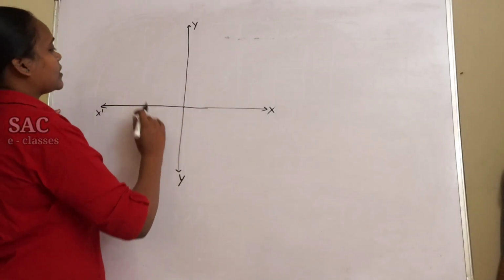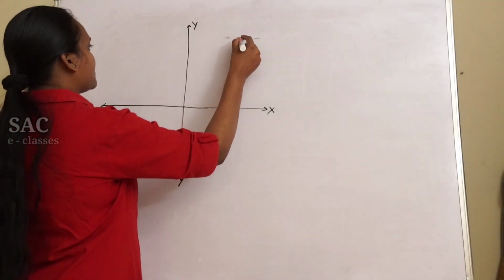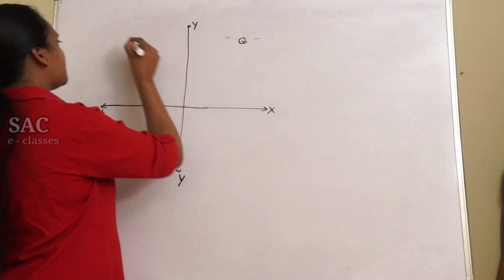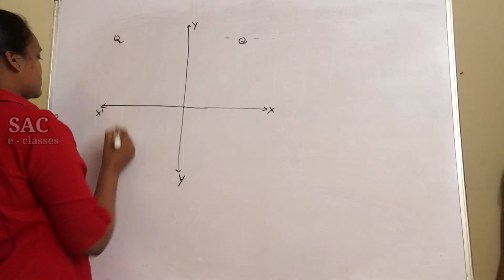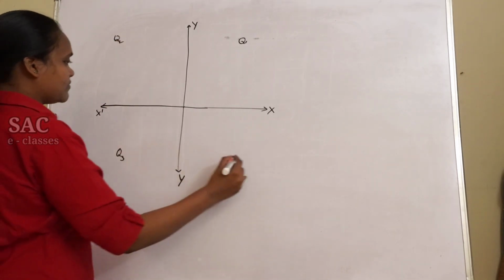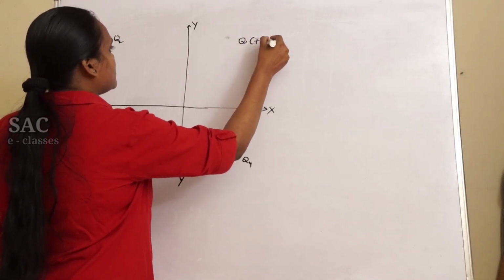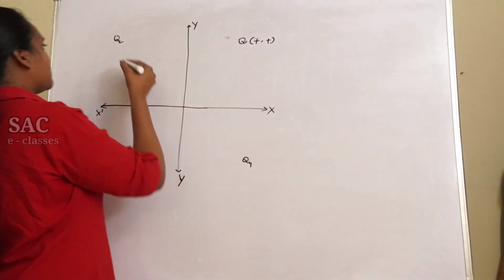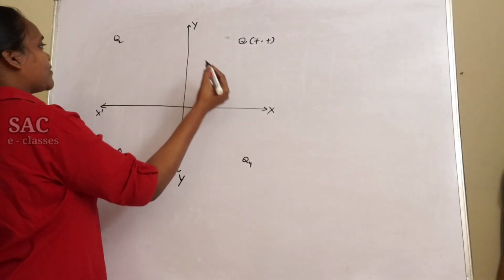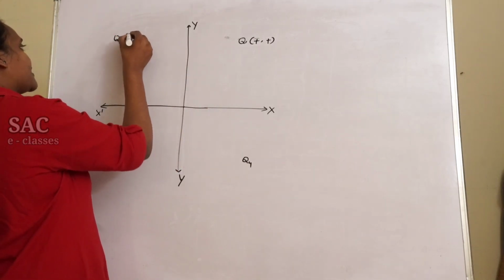This is the Cartesian plane or coordinate plane. You know this is quadrant 1, quadrant 2, quadrant 3 as well as quadrant 4. The region of quadrant 1 is where both x and y coordinates are greater than 0.